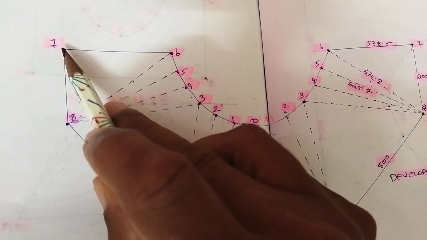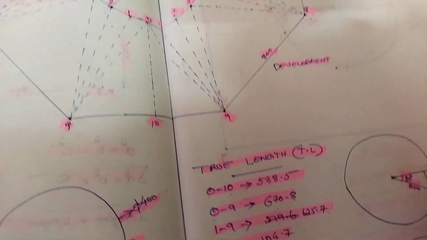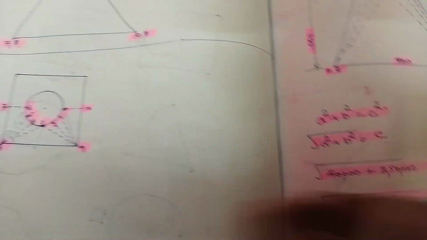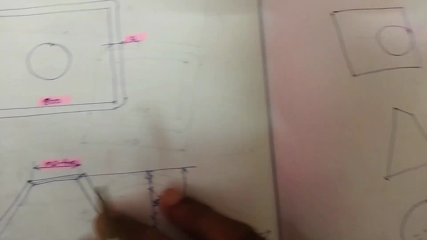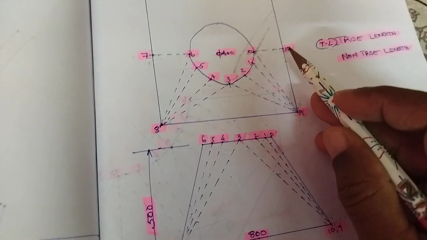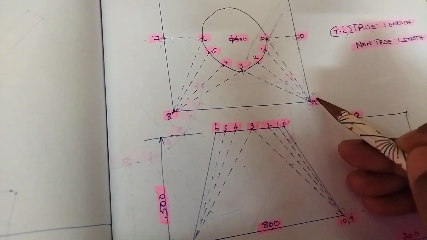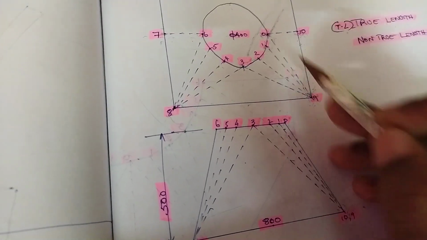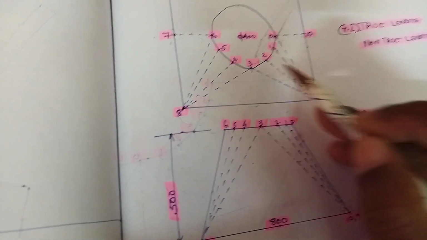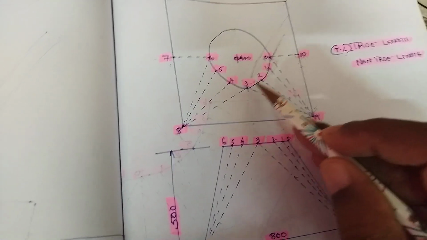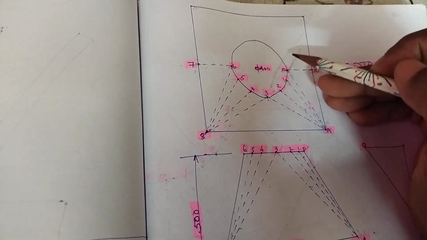Finally, we have to get 7. We started our drawing from here, 0 drawn. Then we drew 9, 9 to 0, 9 to 1, 9 to 2, 3 marked. The same marks we have drawn from here also.